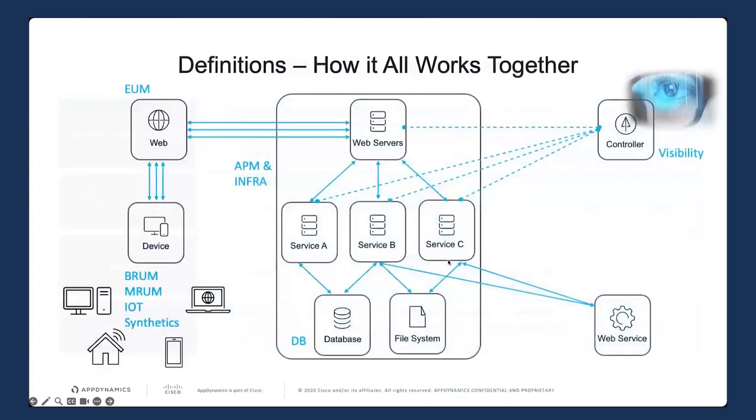Here is an image. A picture paints 1,000 words. So I was talking about end user monitoring. Take a look at this here. This is obviously your browser side application, your mobile side. You have IoT and synthetics there as well. This is our APM and infrastructure. Database visibility, just look at how everything correlates.